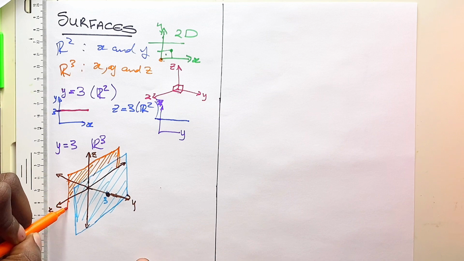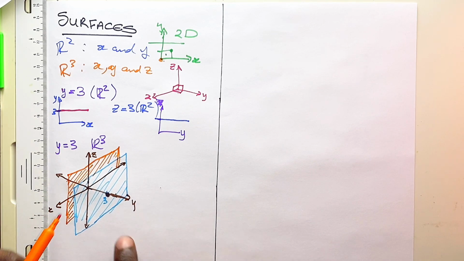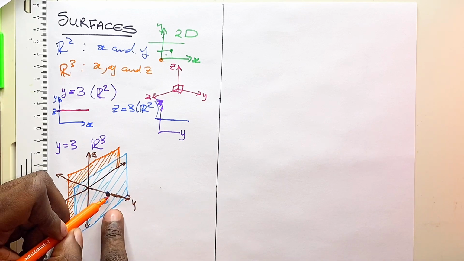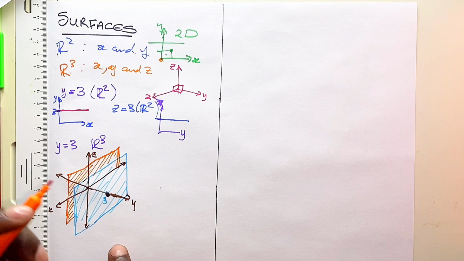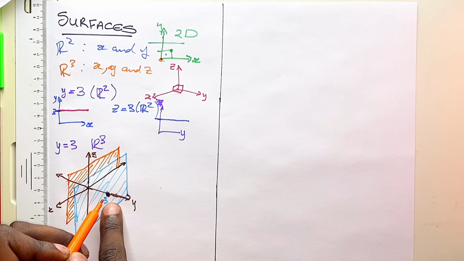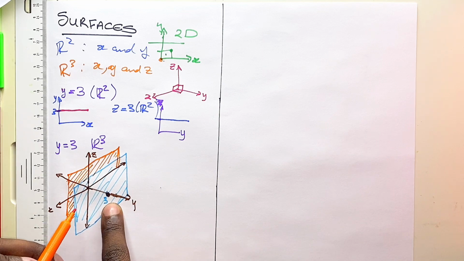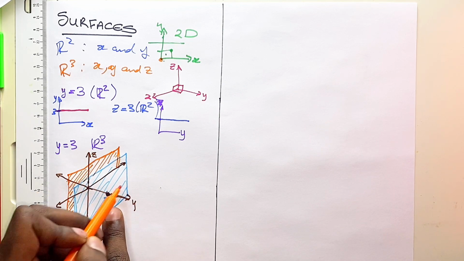So it is parallel to the plane. So y equal to 3 will cut at 3. It is the blue part, and it will form a surface. So it will represent all the points that have the y coordinate equal to 3. That represents all the points in x and all the points in z.